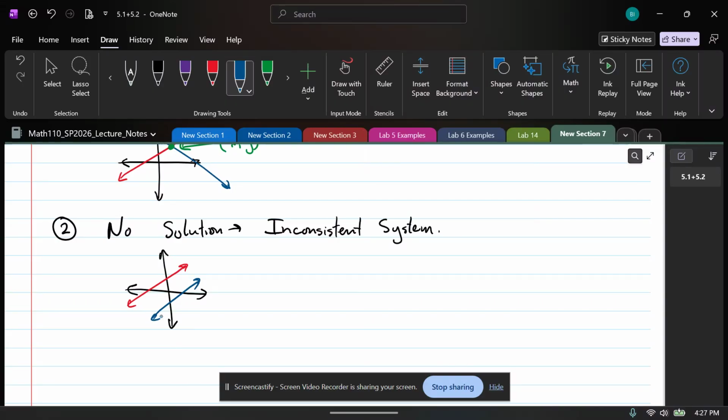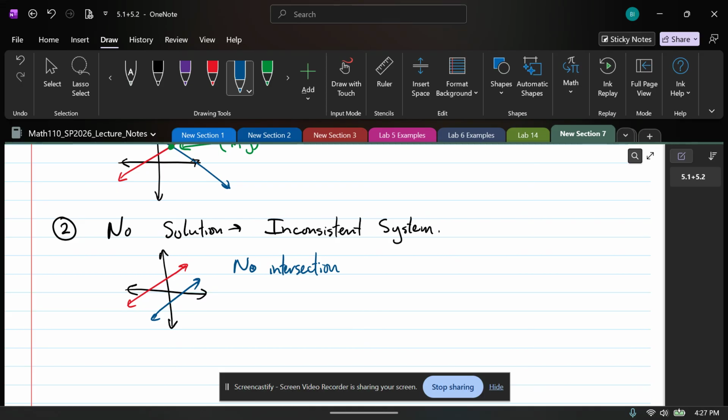None. Those two lines are meant to be parallel. That means they never cross, they never touch. So parallel lines, there's no intersection. They never cross. So an inconsistent system has no solutions.